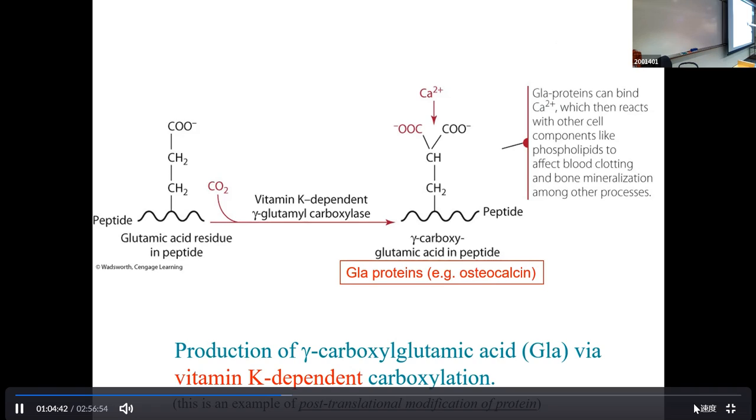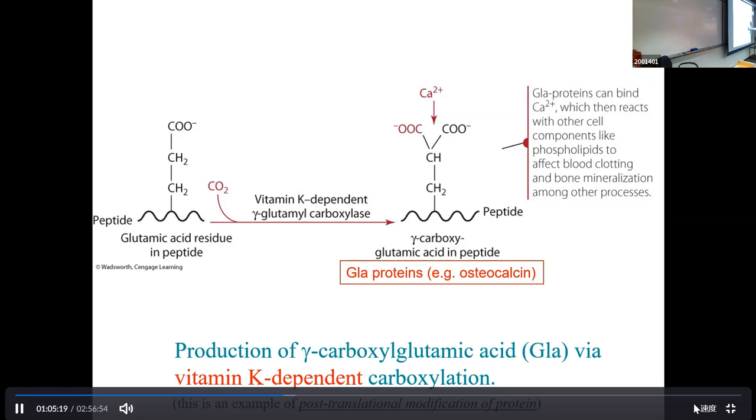Then on this side is the product, called gamma carboxyl glutamic acid. What you see here is the glutamic acid. Originally here, you only have 1 COO. Now, you have 1 more COO, so like a Y shape here. And it is this arrangement which facilitates calcium binding.